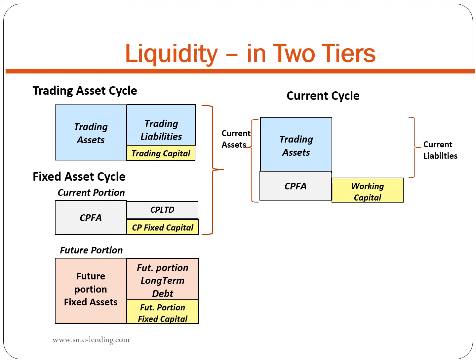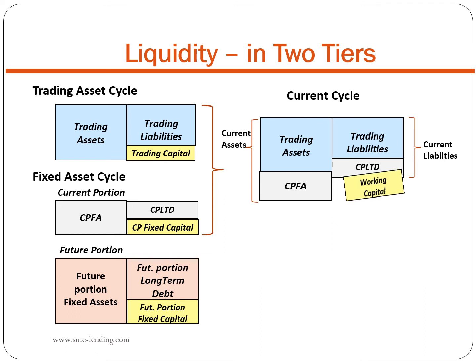Current liabilities include all short-term trading liabilities plus the current portion of long-term debt. As always, current assets minus current liabilities gives us working capital. This working capital is larger than the old working capital because it now includes the current portion of fixed assets. This diagram also reveals that working capital can be calculated as the sum of trading capital plus the current portion of fixed capital.